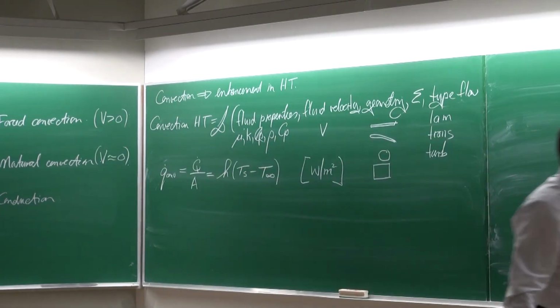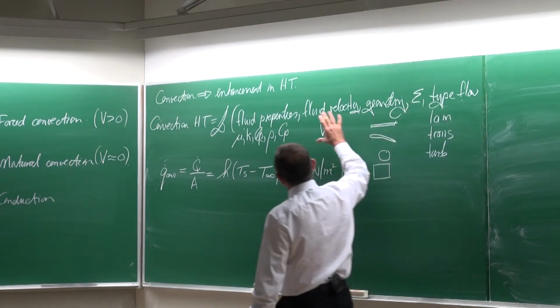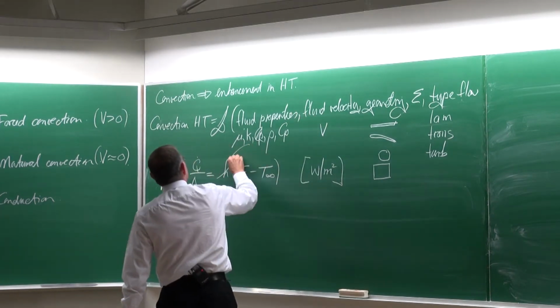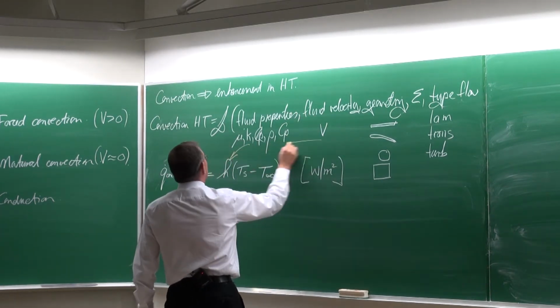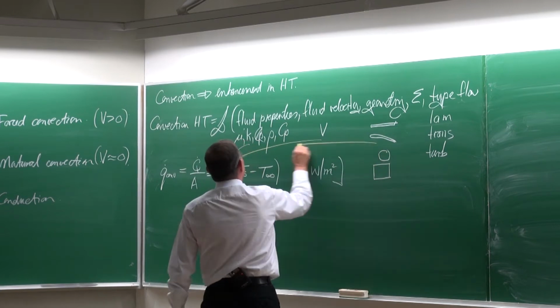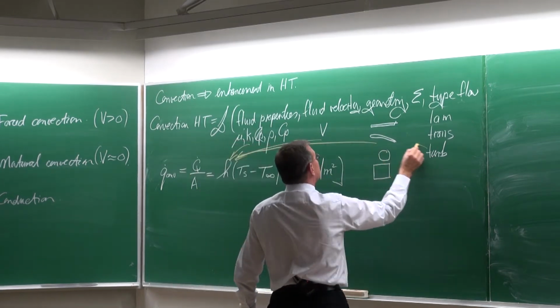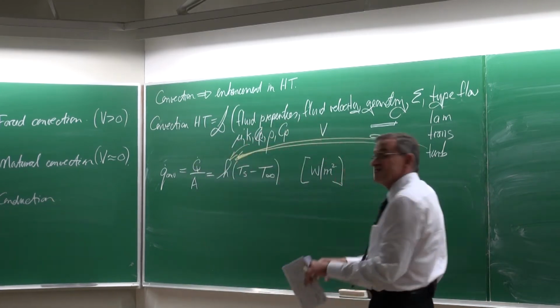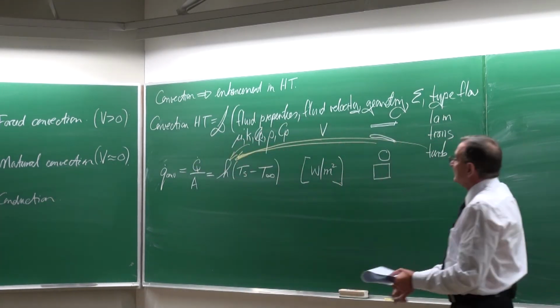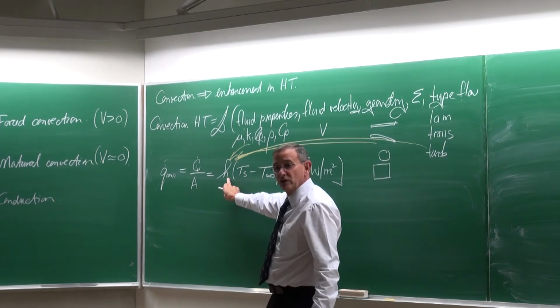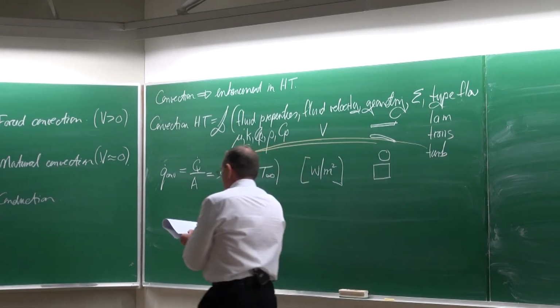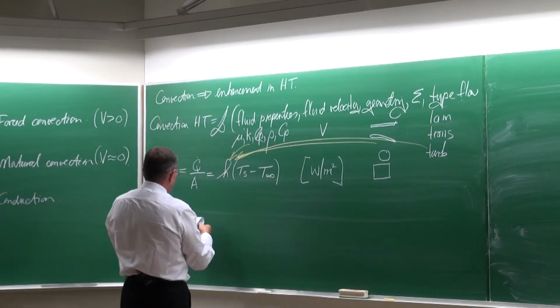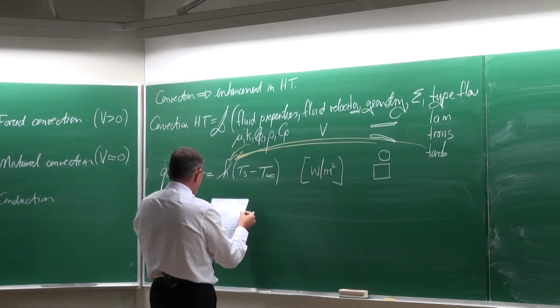But the very important thing is that all these complications are actually put into that value there. Because we don't know what this functional influence is, we lump it into the heat transfer coefficient. So this is the heat transfer coefficient, this is Newton's law.